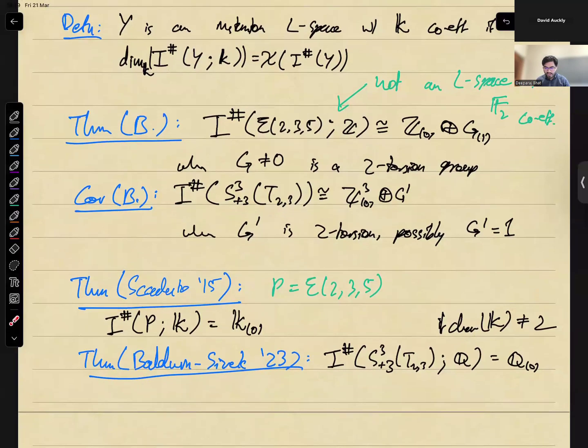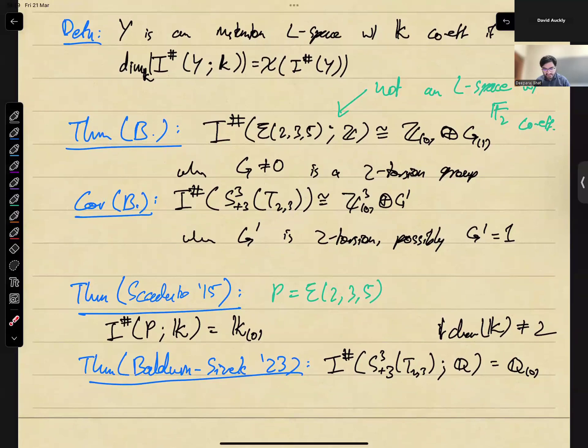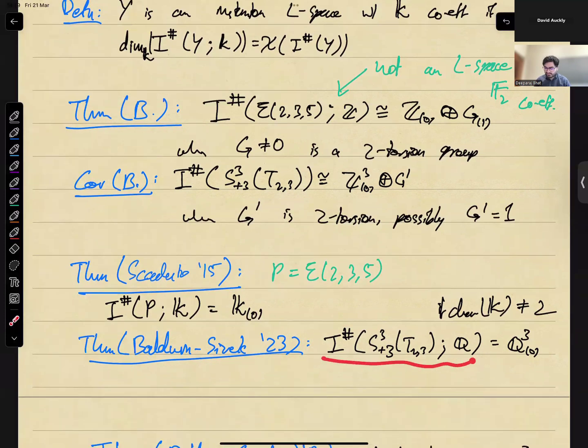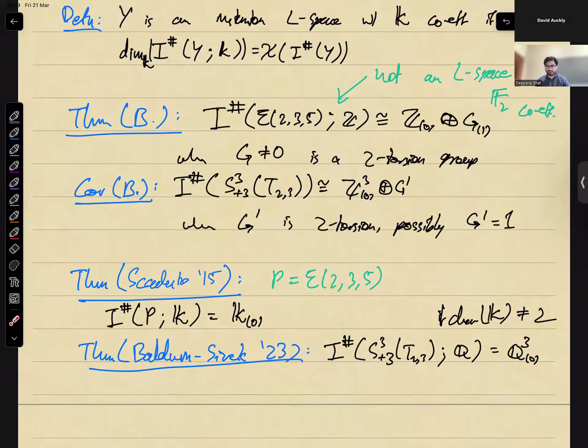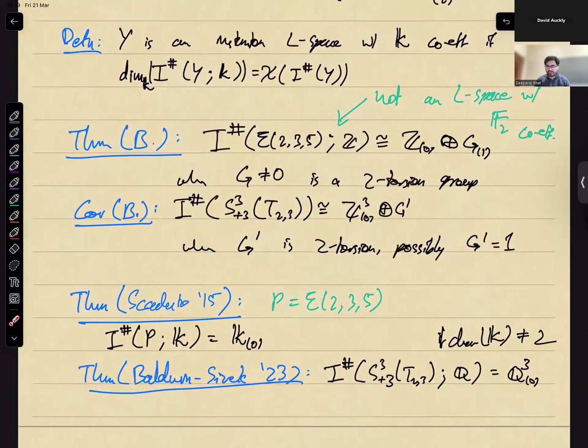I also want to mention that, sorry, this is a typo. For rational coefficients, this instanton homology for the +3 surgery on the right-handed tetrafoil was already known to be three-dimensional. What we're confirming here is that if there is any torsion, it has to be two torsion.